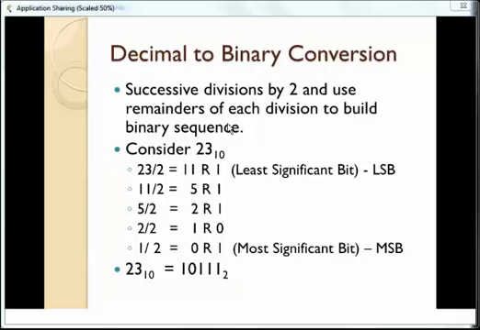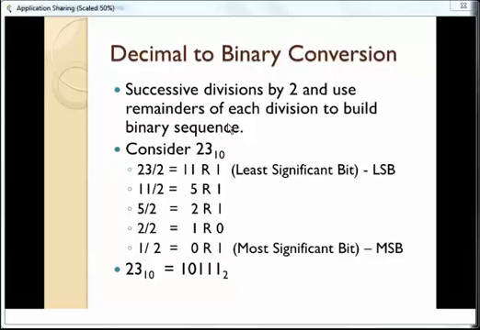So the first thing that we note is we have what's called a least significant bit. And since we did our first division with 23 divided by 2, that will become our least significant bit. And then our last division will be our most significant bit, or MSB.